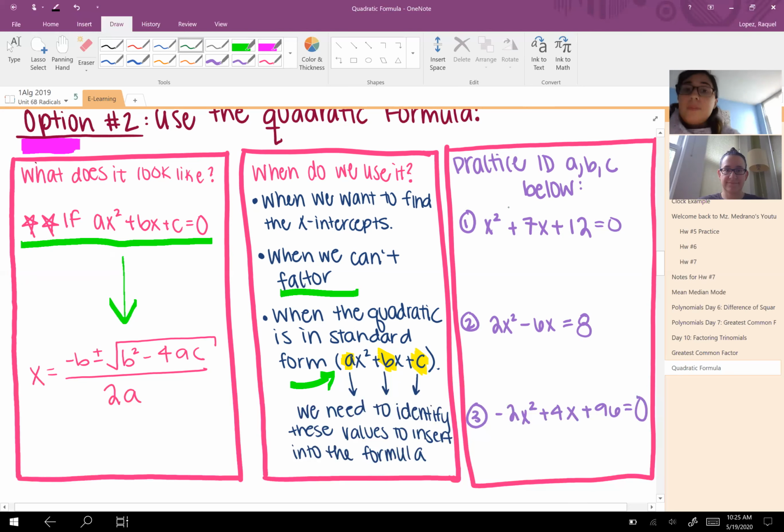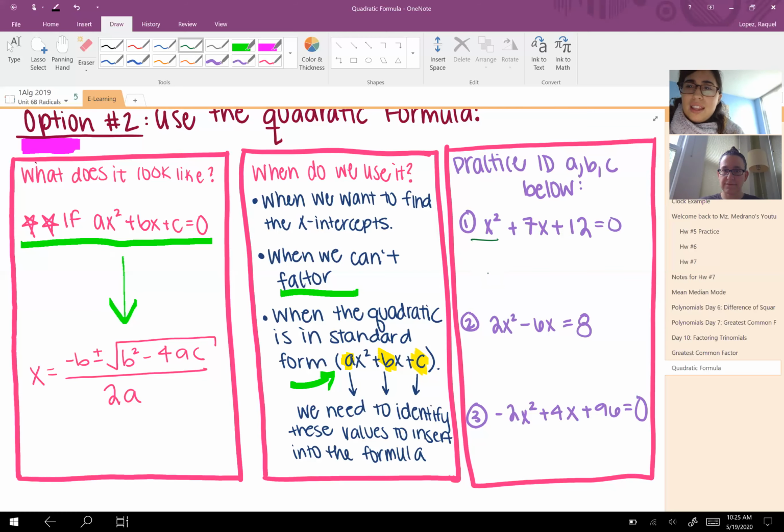So my a is always going to be attached to your x squared term. Here's your x squared term. Miss Gilroy, there's no number in front of there. Is that 0? That's just going to say there's nothing there, so a is 0. But wait, if a is 0, then 0 times anything will always be 0.